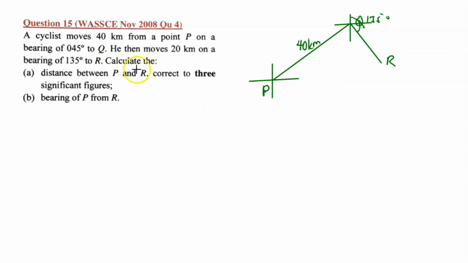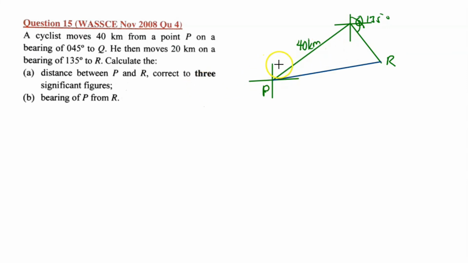Moving forward, calculate the distance between P and R. As you know, you just draw a straight line to connect P to R. Then in order to find the distance between P and R, we need to look out for some of the missing angles to be convinced what type of triangle we are having.